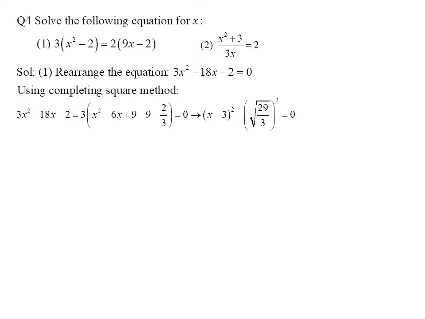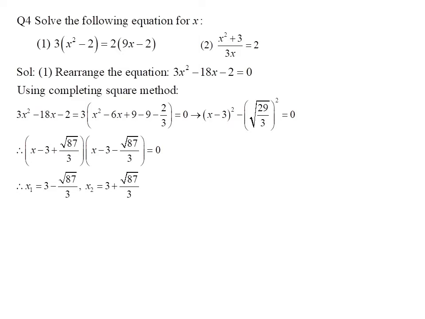In this case, it is just 9. After completing the square and combining the remaining constant terms, we have a form of the difference of two squares. The roots of this equation can be obtained by factorizing them and by applying the null factor law.